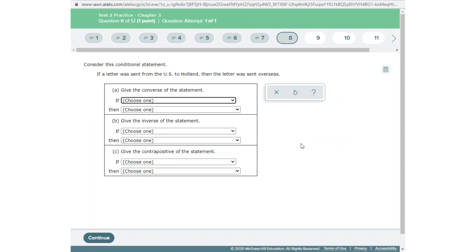All right, so this one is the converse, the inverse, and the contrapositive.